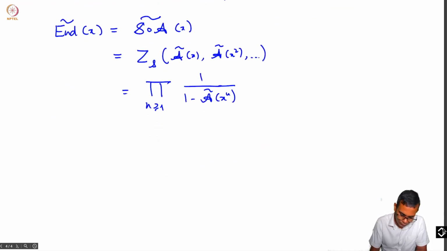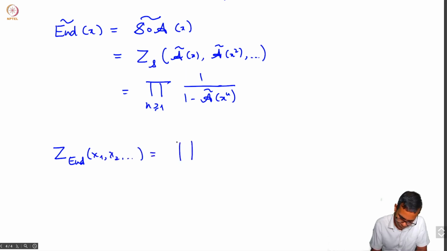And well, for the cycle index generating series, what can we say? It's just going to be the product of 1 over 1 minus xk circle A tilde.